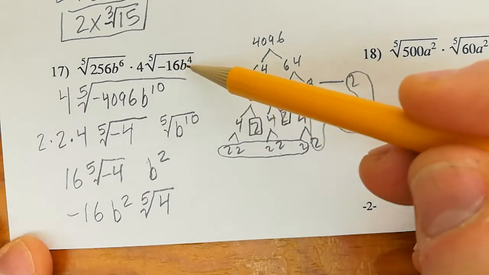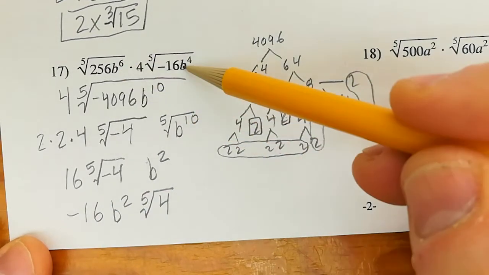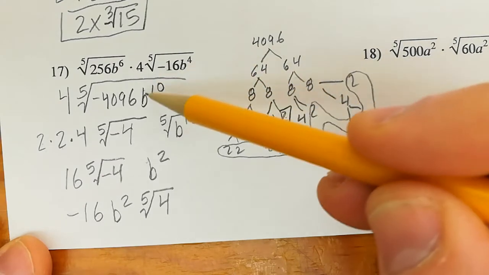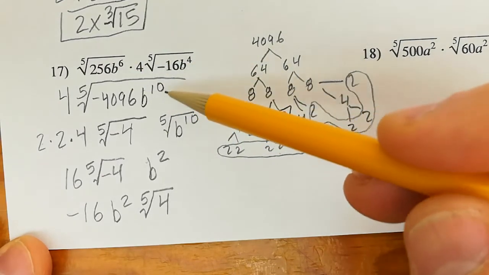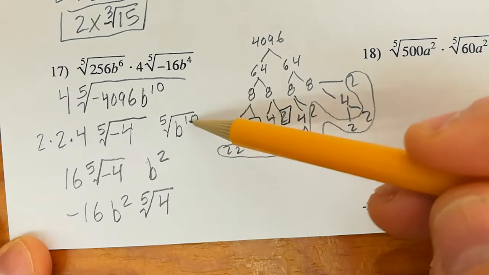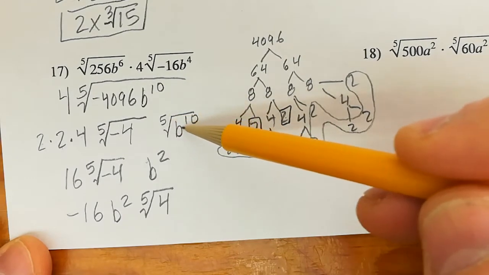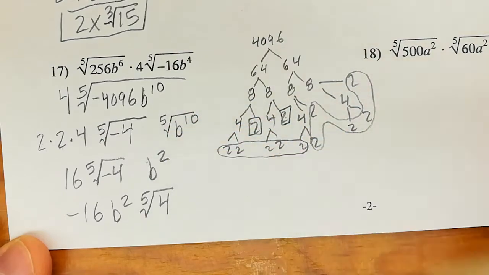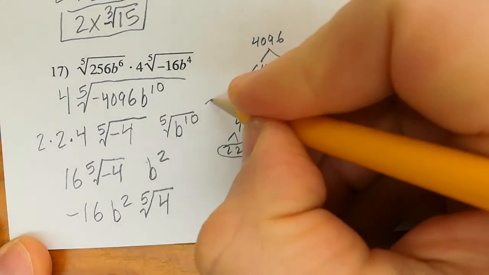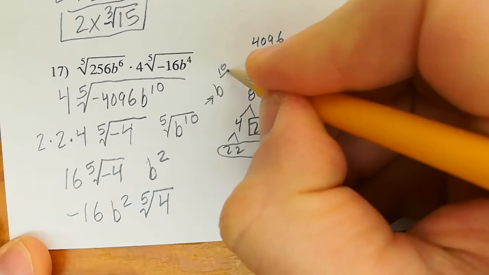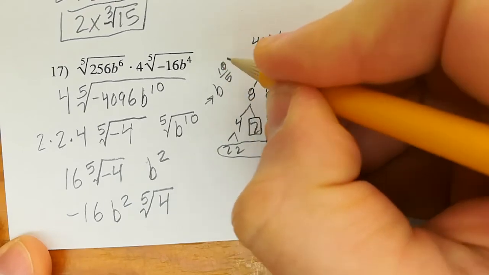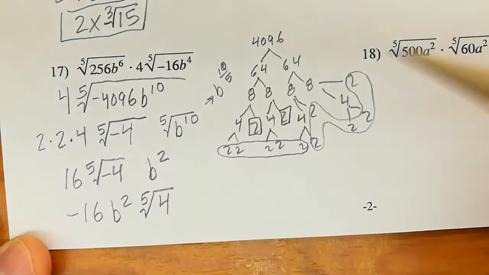So the variables, you get b to the 10th, using the product rule of exponents, add the exponents. And then basically there's 2 groups of 5 b's, or in other words, 10 divided by 5 gives you the 2. You can think of that as a rational exponent like that, 10 divided by 5, and so you get b to the second.